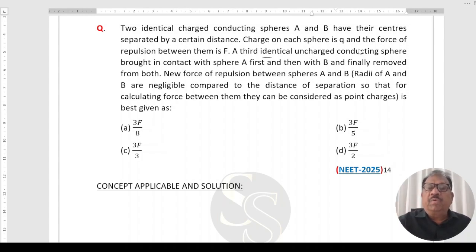The new force of repulsion between spheres A and B is best given by, four options are given to you. Radii of A and B are negligible compared to the distance of separation, so that calculating force between them can be considered as a point charge. One of the options is correct.